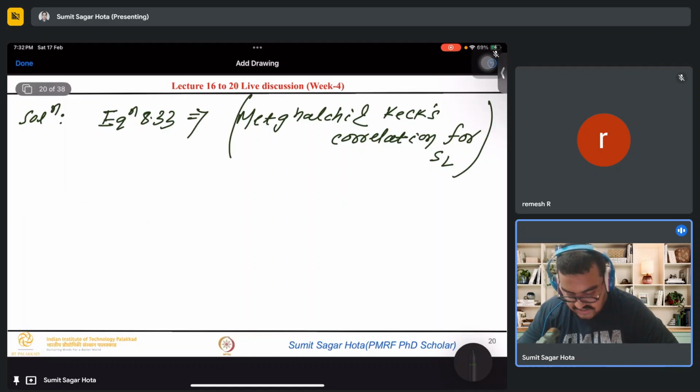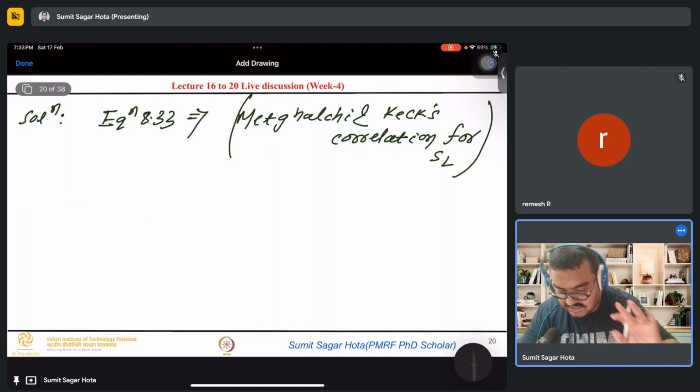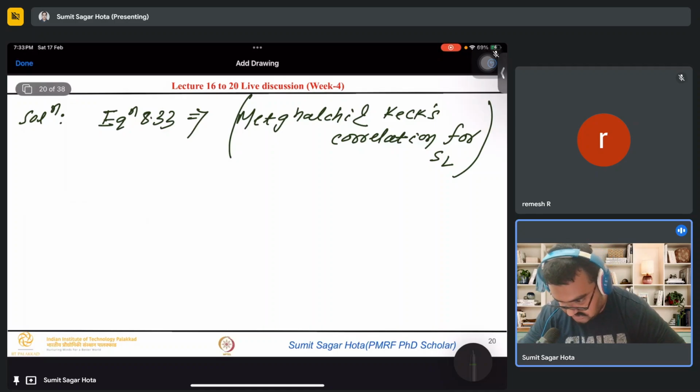In your exam, directly in one word they will tell you to take the Metghalchi and Keck correlation and find out the laminar flame speed. Over. They'll give you whatever data is required. If you don't know this correlation, then obviously you cannot do this kind of question.